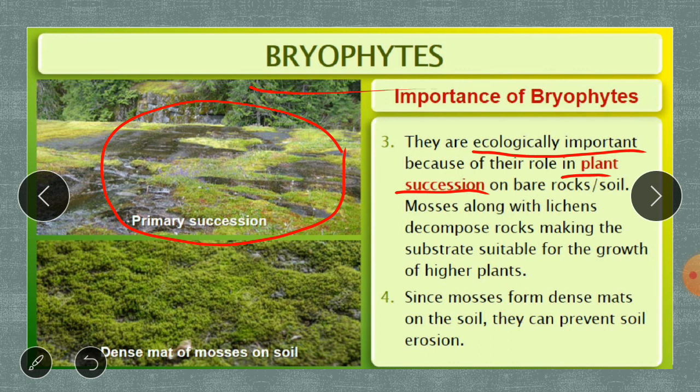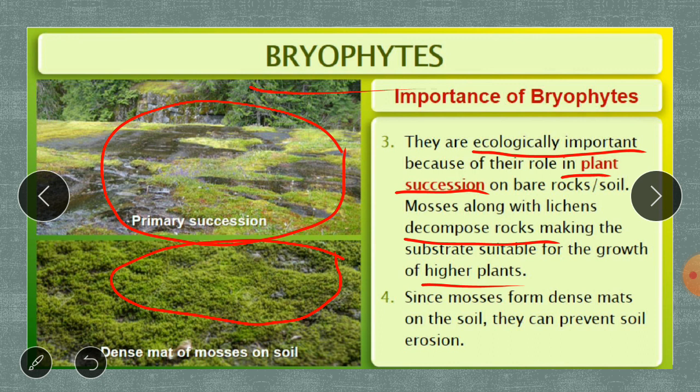These bryophytes, when they grow, form a dense mat. They start breaking the rocks, they start forming soil on the rocks, and when they decompose these rocks and make the soil, at that time the higher plants can easily grow on that bare rock. So in this manner they are also important.